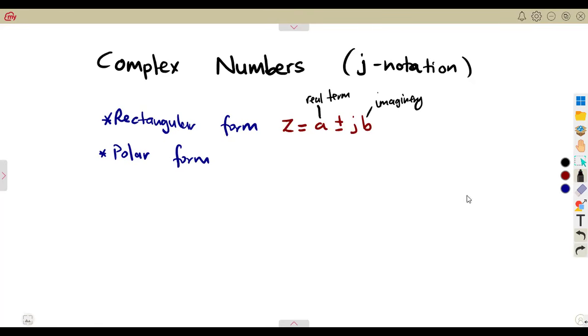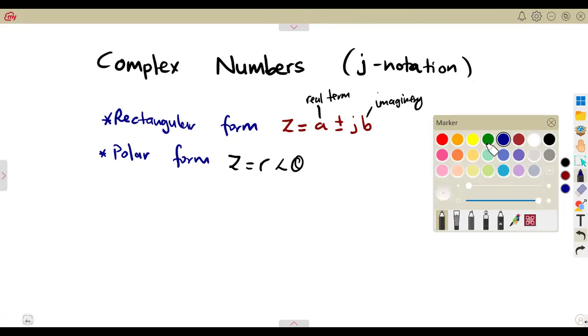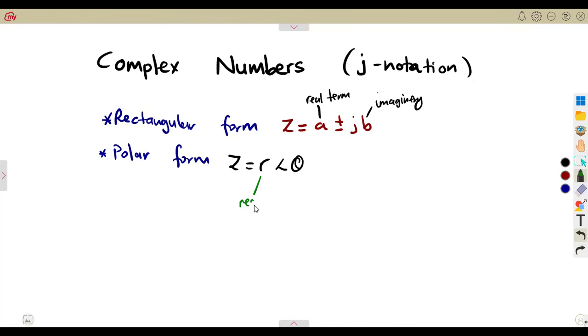And in your polar form, remember that this Z can be given as R angle theta, like this, where R is the resultant and this angle theta is the argument.